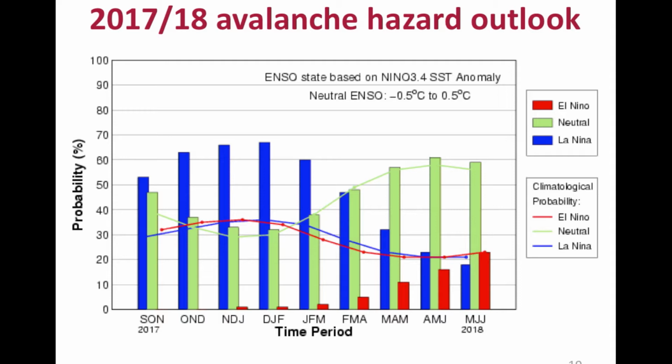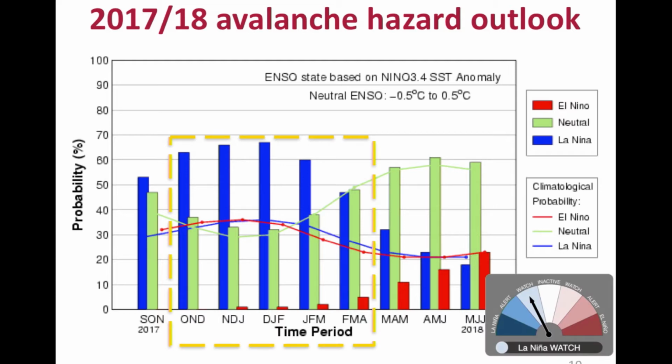Going to look ahead to this upcoming season, this is the forecasted probability for ENSO, so what we can expect. On the Y axis, we have the probability of what phase it'll be for that month, and each month is an average of 3 months, so the bottom might be a bit confusing, but it goes from October, November, December through into the spring.